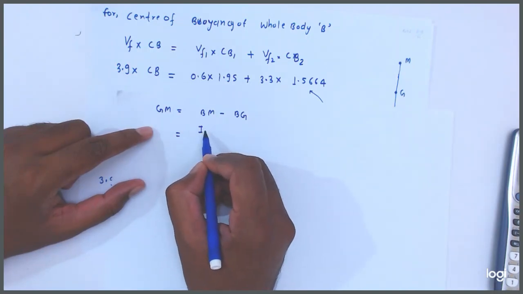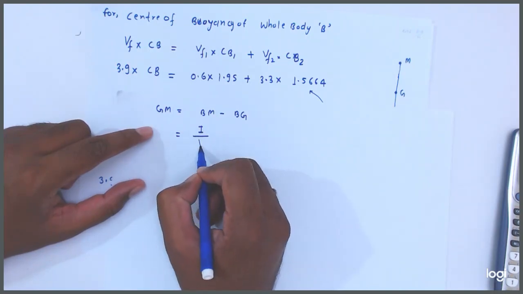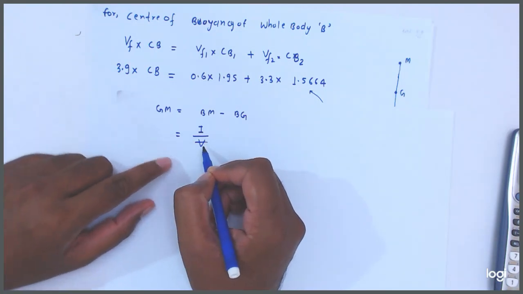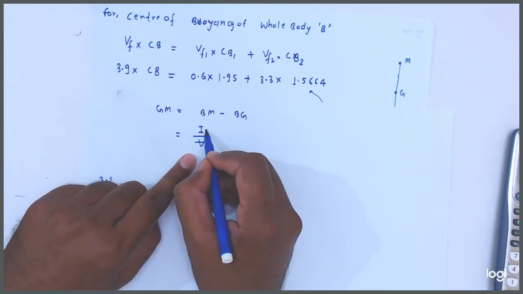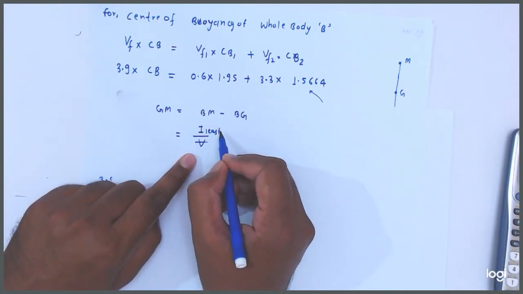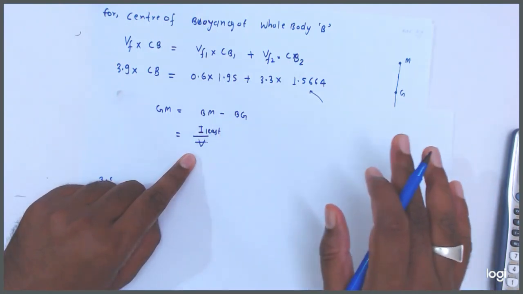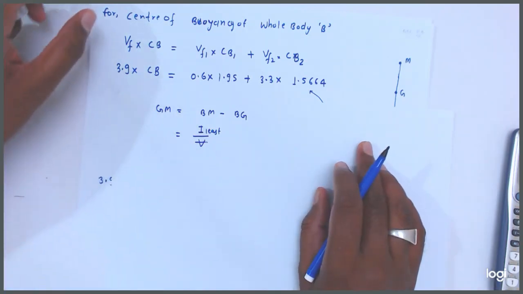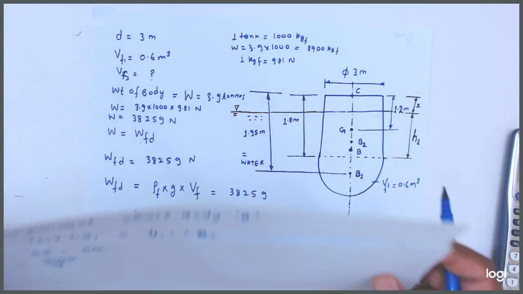BM is equal to I least, the minimum I, divided by the volume of fluid displaced. So I least is the least moment of inertia of the cross section which is at the surface of the cylinder.